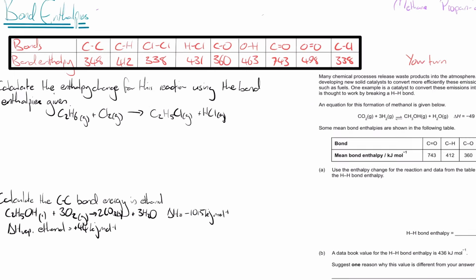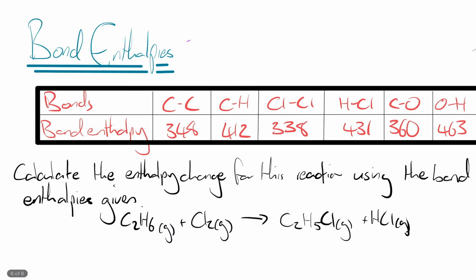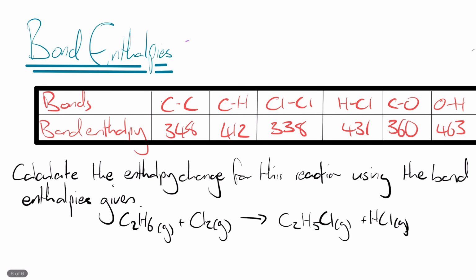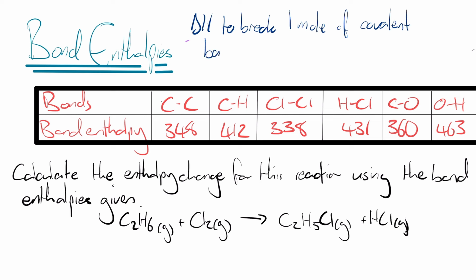Let's get into it. So, bond enthalpies, for starters, let's have a look at the definition. It's basically the enthalpy change to break 1 mole of covalent bonds in the gaseous state.